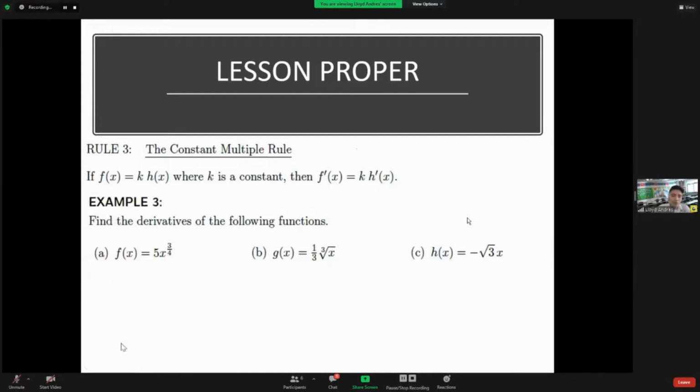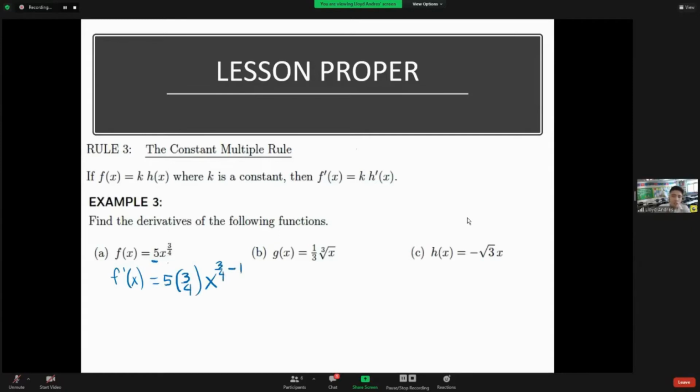First, we are given kani, and we are asked to solve for the derivative. So, f prime of x. So, ang pasabot lang ana, continuation lang sa power rule. So, ang buhaton lang, i-multiply nimo si 5 ug katong exponent nimo nga 3/4. And then, ang 3/4 na original, minusan nimo og 1.